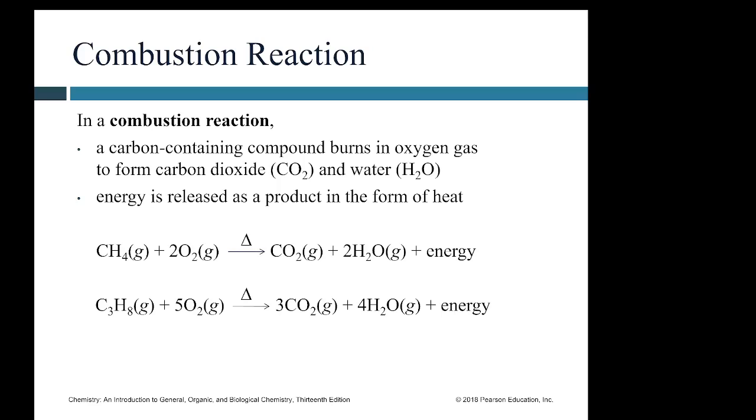Okay, so last time we left off on combustion reaction. Now, a combustion reaction in this definition is going to be a pretty narrow definition, okay? Most importantly, it's going to be a carbon-containing compound that's going to burn in oxygen gas, and that's going to form carbon dioxide and water, okay? So again, that's a very tight definition, right?